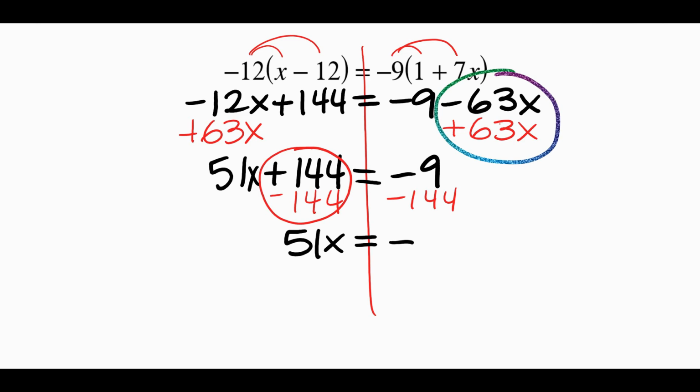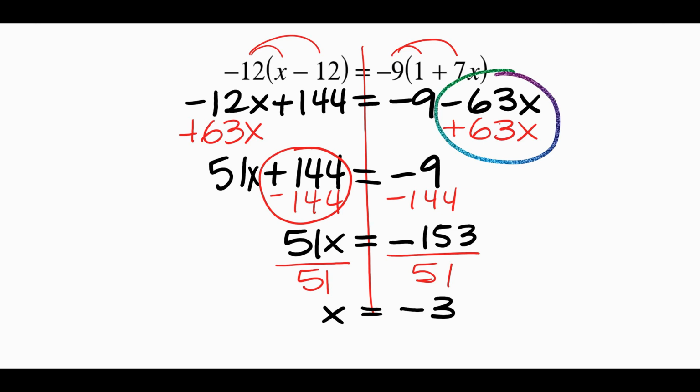So I know that my sign is still negative, and when I add 144 plus 9, I get 153. And they are multiplying the x by 51, so I'm going to divide by 51. And that leaves me with x on this side, and a negative divided by a positive is a negative, and 153 divided by 51 is 3.